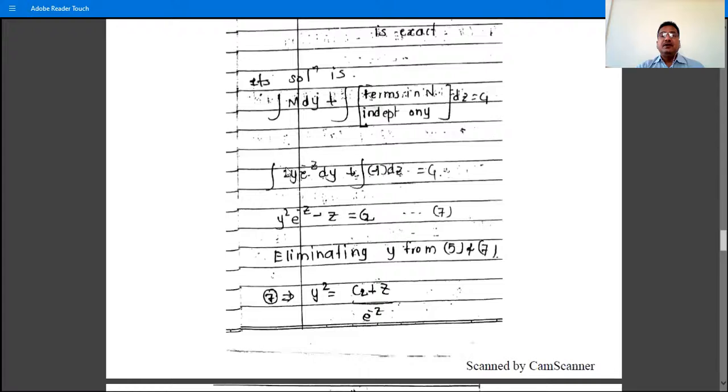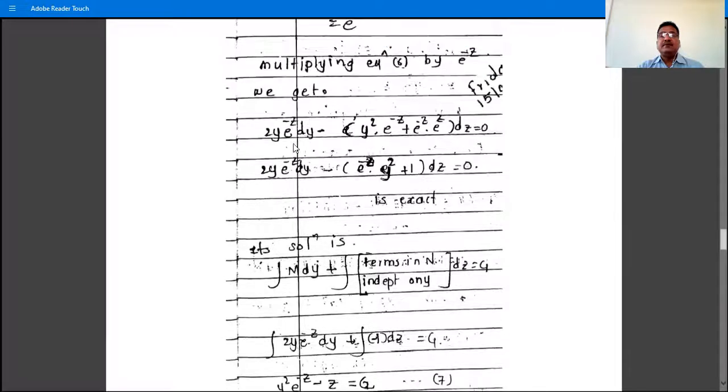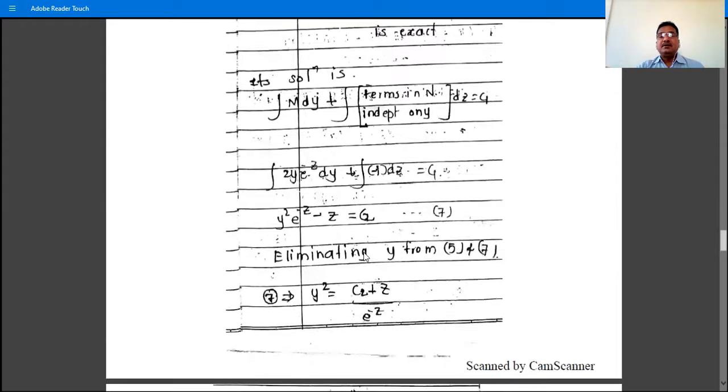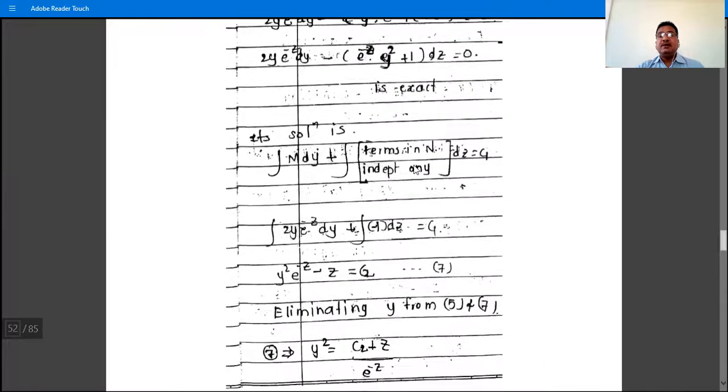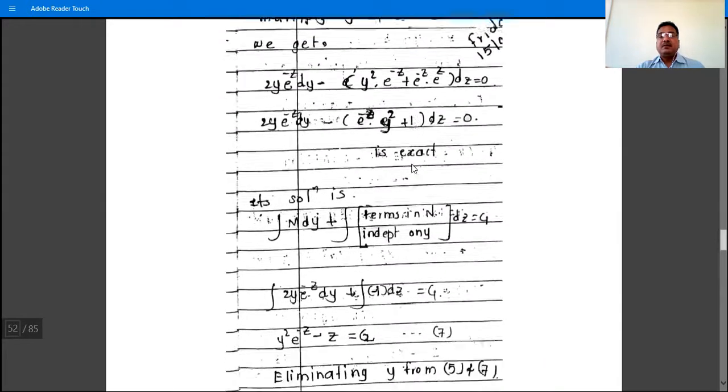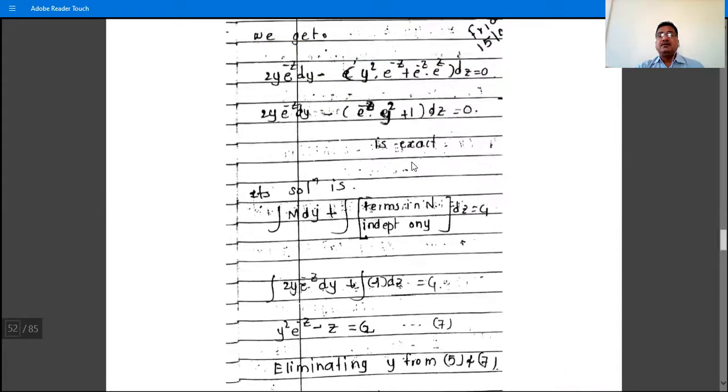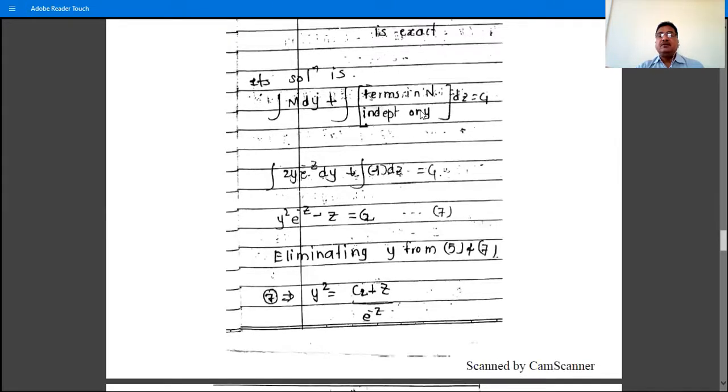Therefore M is 2y e^(−z). So the first term depends on y, that is e^(−z) y², and this minus 1, because of the minus sign, is the only term which does not depend on y. So minus 1 dz is equal to c1.